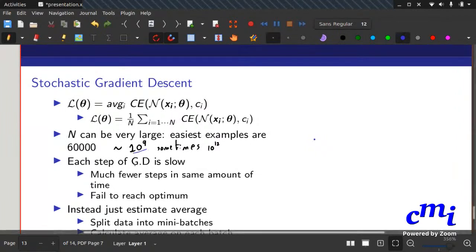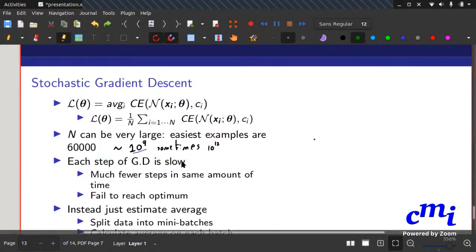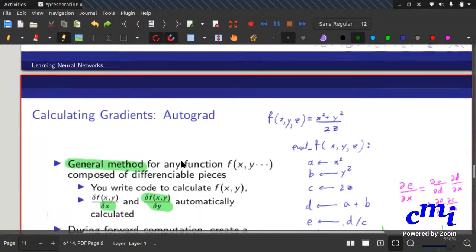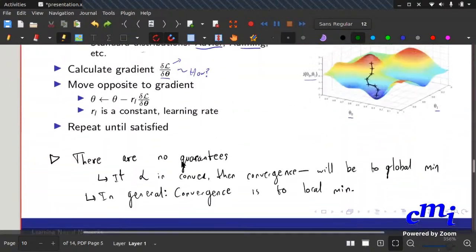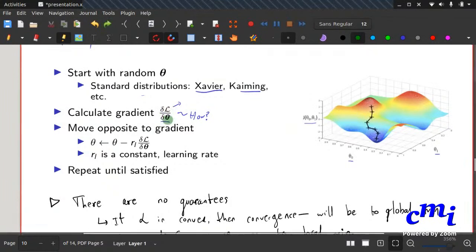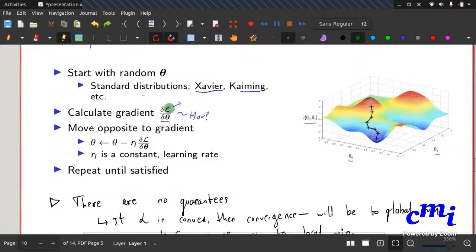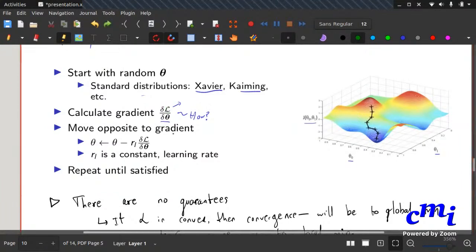then each step of gradient descent is going to be very slow, right? And why is that the case? Because even with the appropriate algorithm, calculating del L del theta is really linear in the amount of calculation. It's basically proportional to the amount of calculation you need to calculate this L in the first place, right?